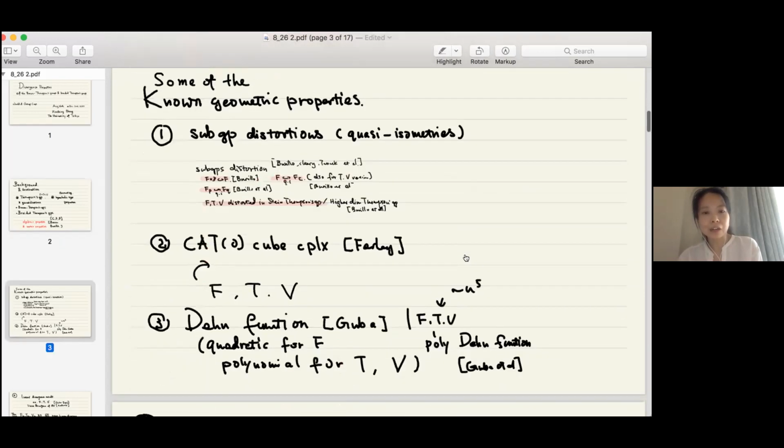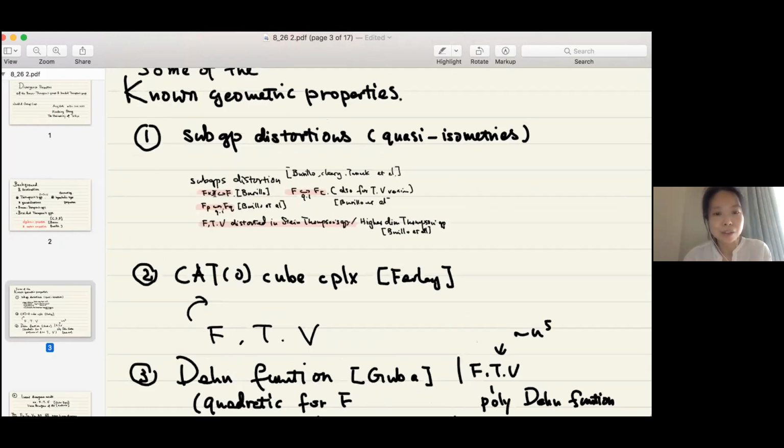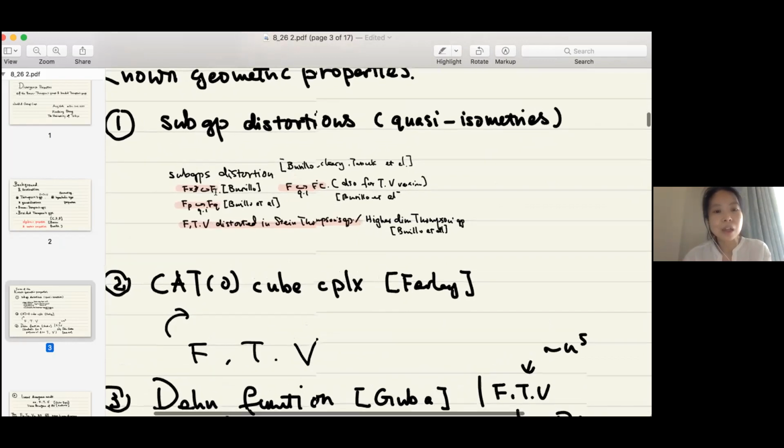So here I've listed some known geometric properties of Thompson's groups. There are famous subgroup distortion properties, first proved by Burillo. Sorry, it's a little bit small, so I'm zooming in a little bit.